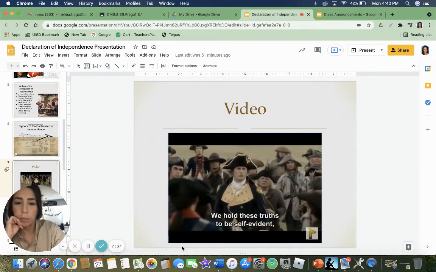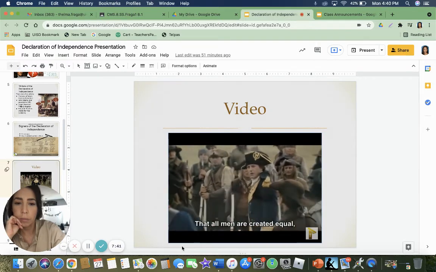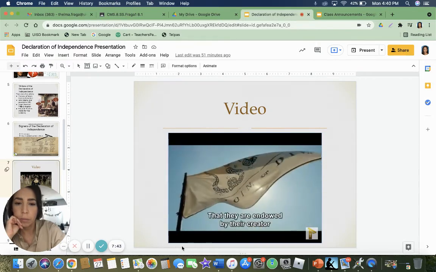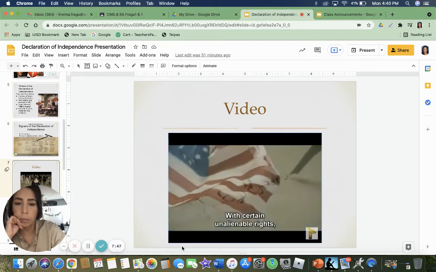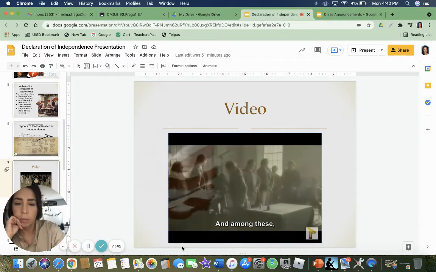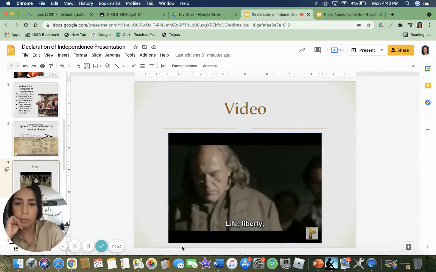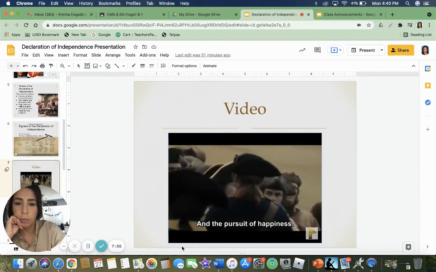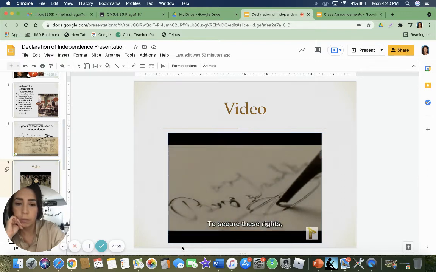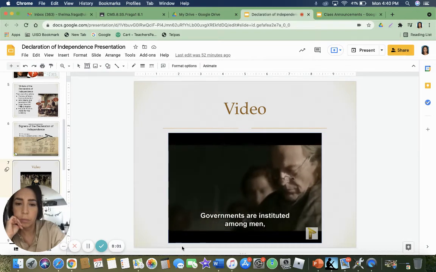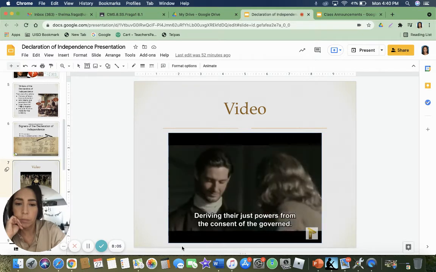We hold these truths to be self-evident: that all men are created equal, that they are endowed by their Creator with certain unalienable rights, and among these, life, liberty, and the pursuit of happiness. To secure these rights, governments are instituted among men, deriving their just powers from the consent of the governed.